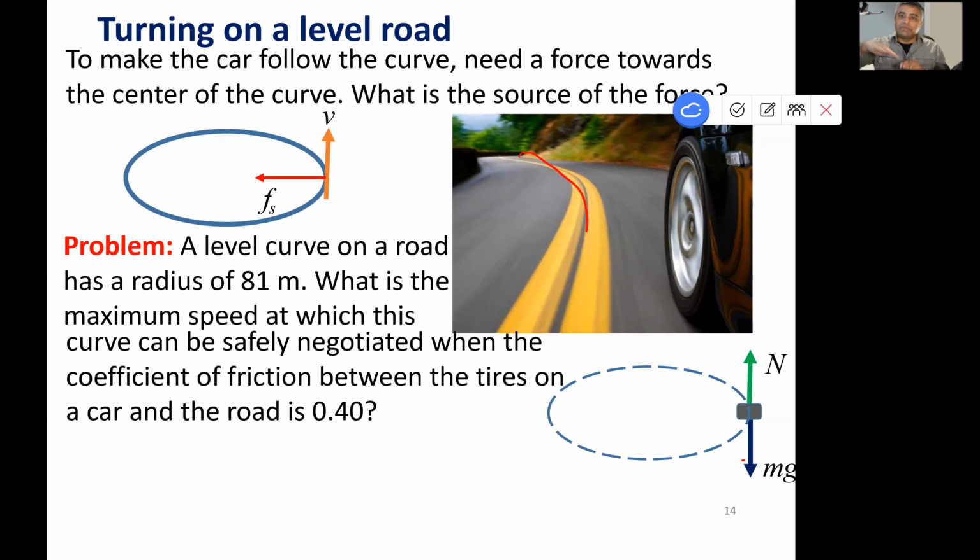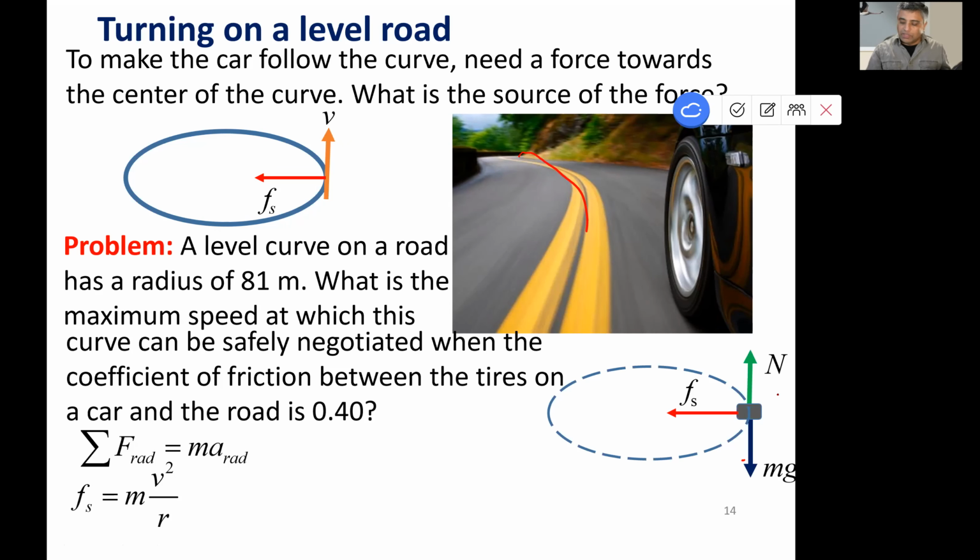The road can be a bit inclined, and we'll talk about that pretty soon, okay? And so this is now basically the same problem we had for the coin spinning on that platform. Okay, so that's Newton's second law.